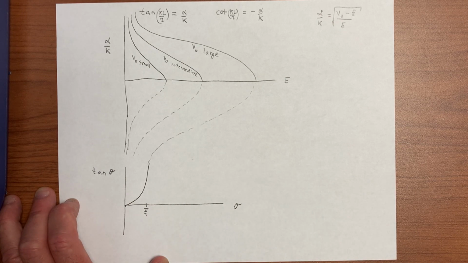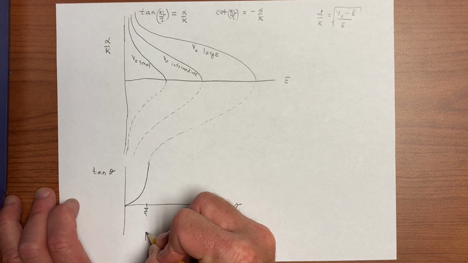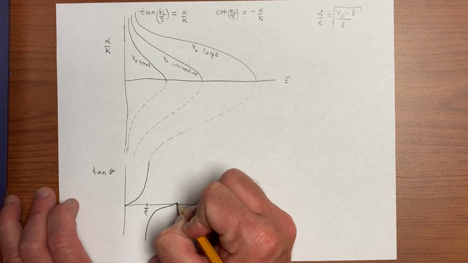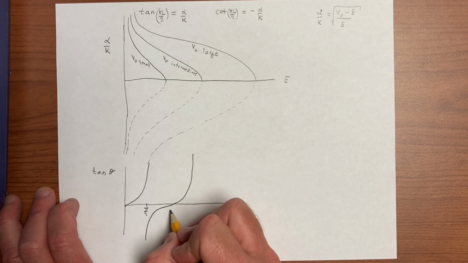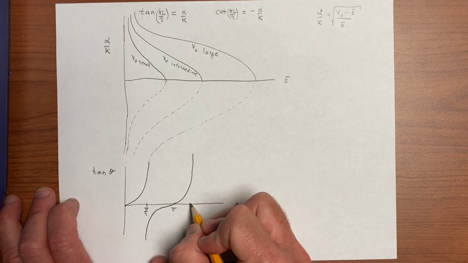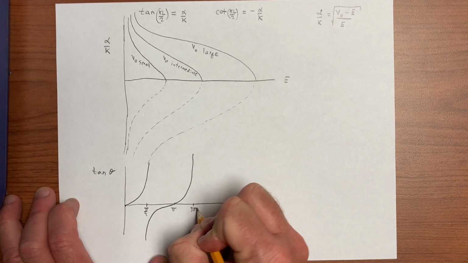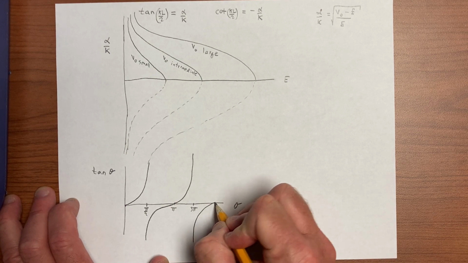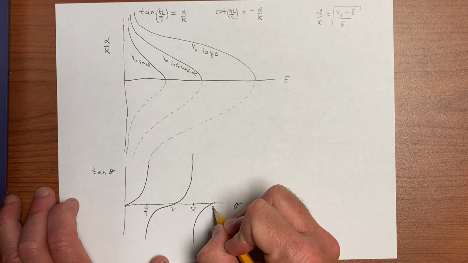And then when we cross pi over 2, we get negative, so we go to negative infinity, and we come back around to here at pi, and then we go up to infinity over here at 3/2 pi. Then we come down to minus infinity, and so on. So 2 pi, go like that.